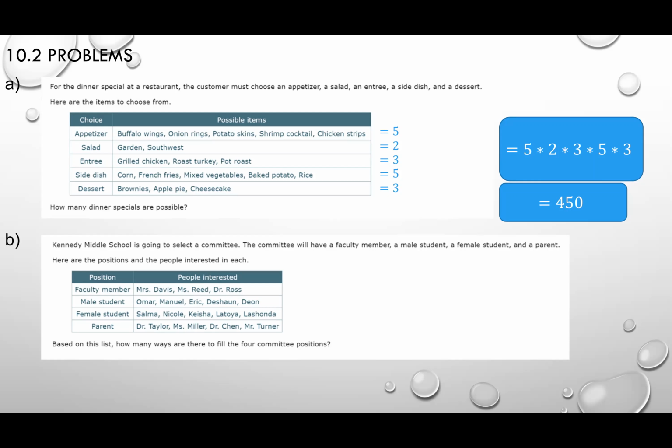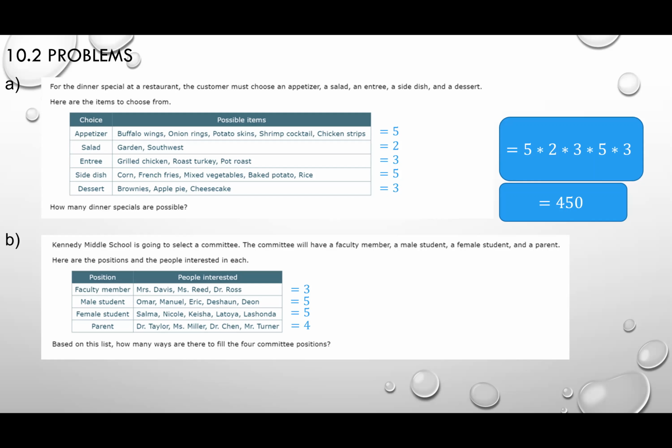So in this case, do you agree that for the faculty, we have 3 faculty people? From the male students, we have 5 male students. From the female students, we have 5 female students. And from the parents, we have 4. Meaning at each category, I have this total. That's my K1, K2, K3, K4.